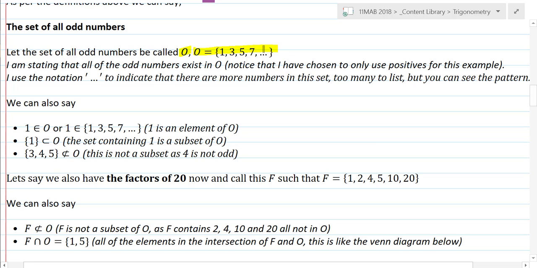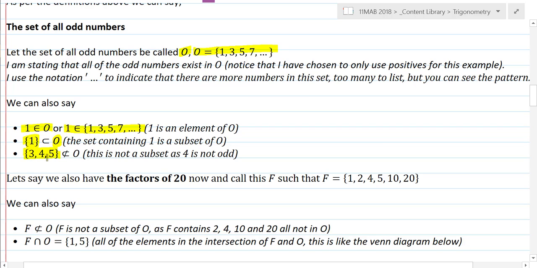You can also say that 1 is an element of O. 1 exists in the odd numbers because 1 exists in this set. You can also say that the set of 1 is a subset of O. So the set that contains 1 is a subset of 1, 3, 5, 7, etc. That's a little bit of a tricky one, and it will come up in probability to an extent, but the difference between just the element 1 and the set that contains just the number 1, they're two different things.